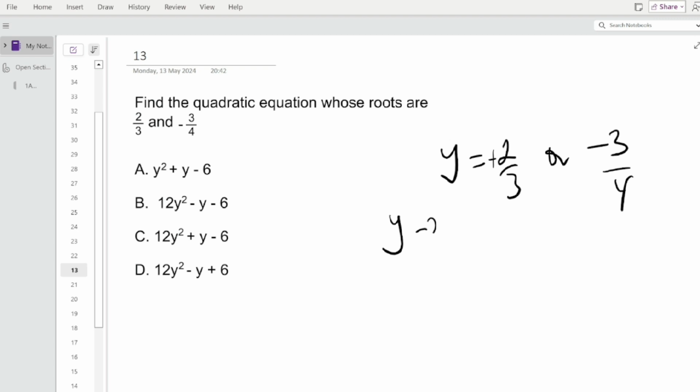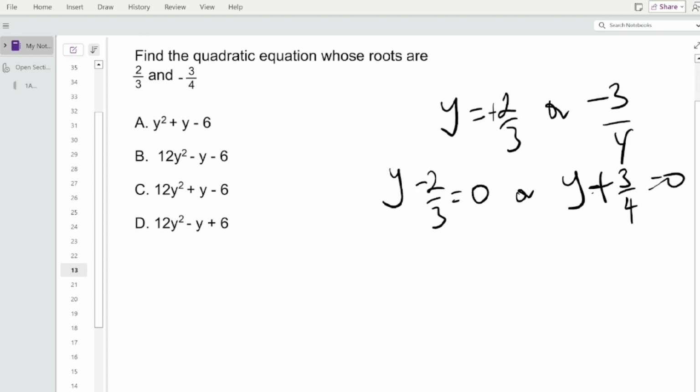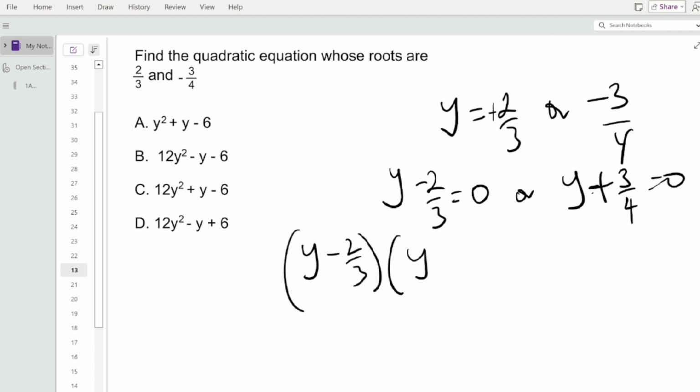So you have y minus 2 over 3 equals 0, or y, then when this minus 3 over 4 crosses the equals to sign, it turns into plus. So you have y plus 3 over 4 equals 0. Next is y minus 2 over 3 in bracket, y plus 3 over 4 in bracket, equals 0.